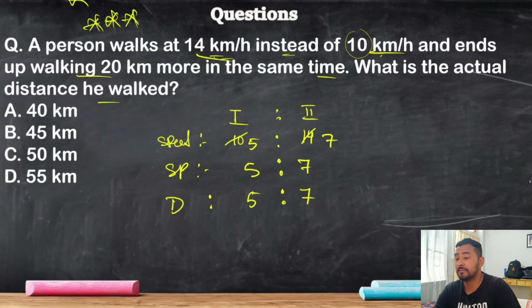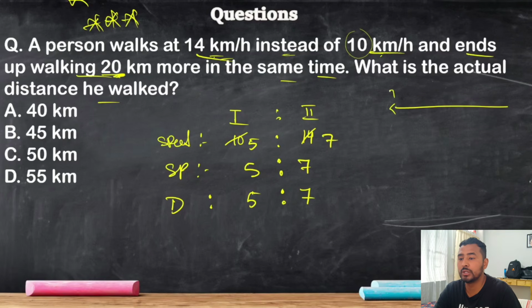Now see, what the question says is, and ends up walking 20 km more in the same time. Suppose if it is supposed to travel from 1 to 2, but it traveled 20 km more. The total distance it covered is 20 km more, right?